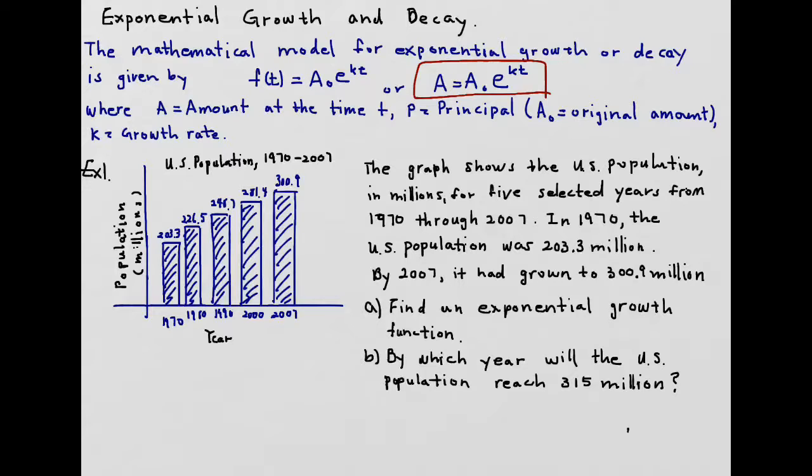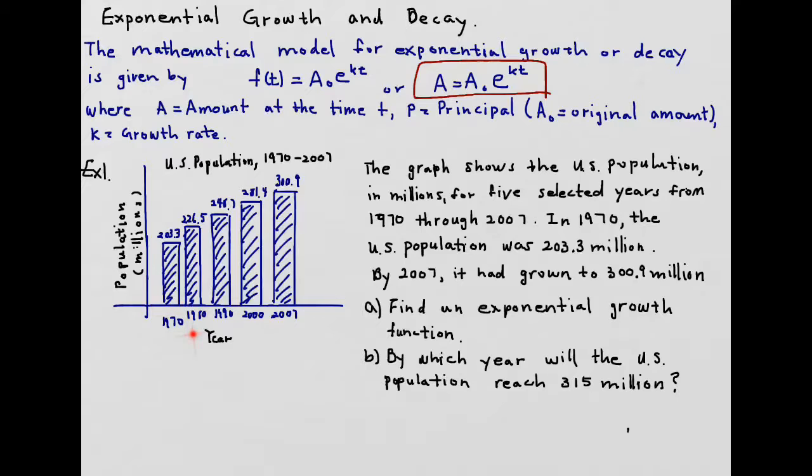So the first example we have is U.S. populations. From 1970 to 2007, this is the growth of the U.S. population in millions. So in 1970, you had 203.3 million.